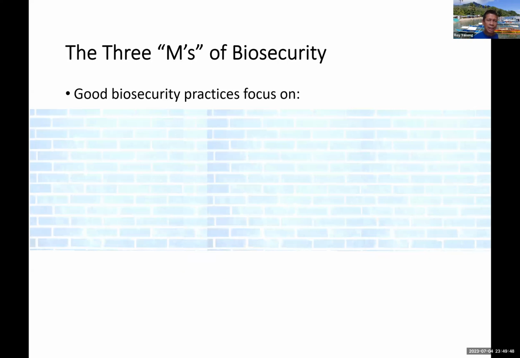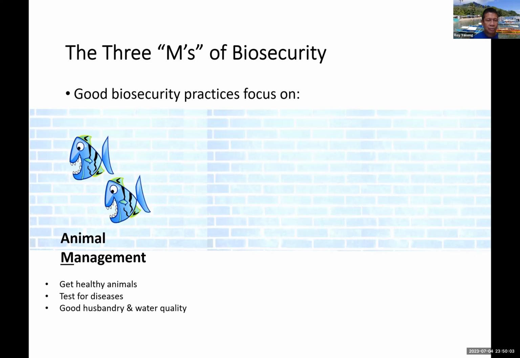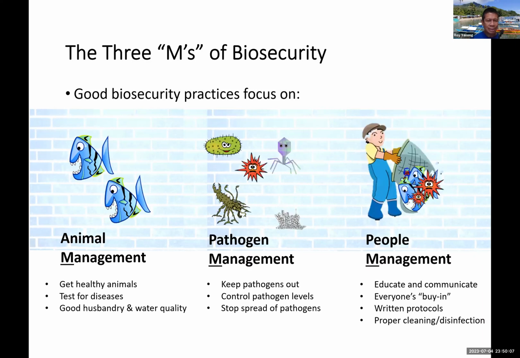So what are the three M's of biosecurity? These are things I want you to think about as big-picture ways to improve how you approach biosecurity at your place. The first M is management of animals, and the next two are management of pathogens and management of people.